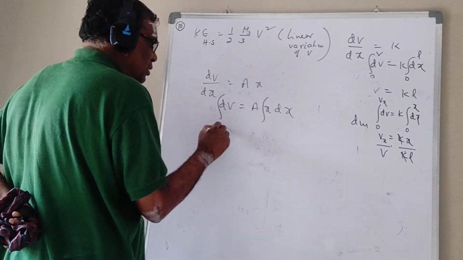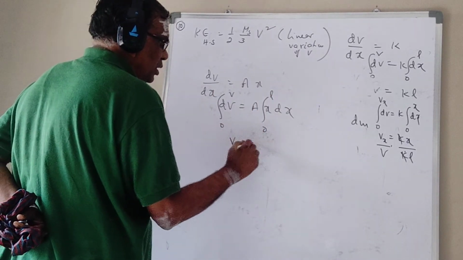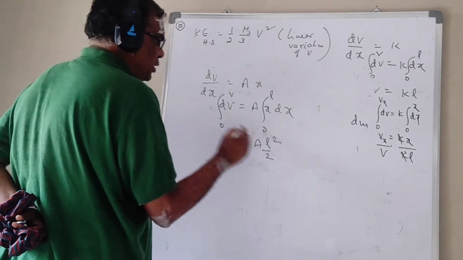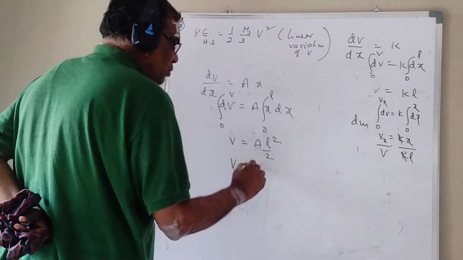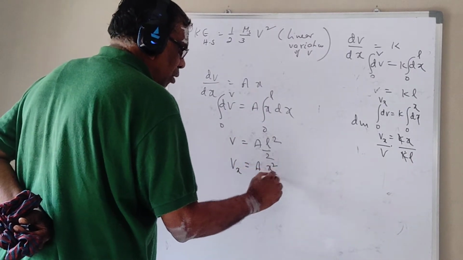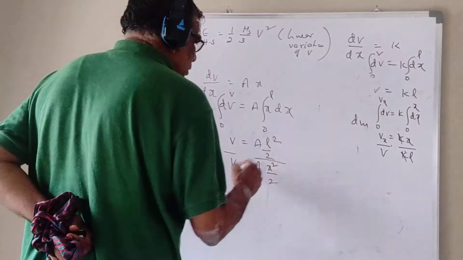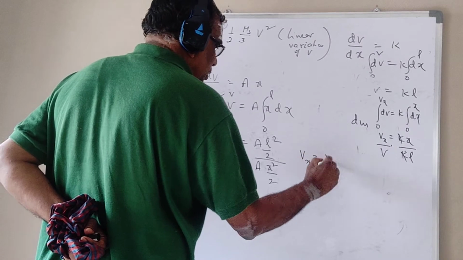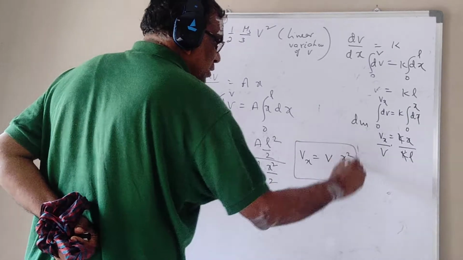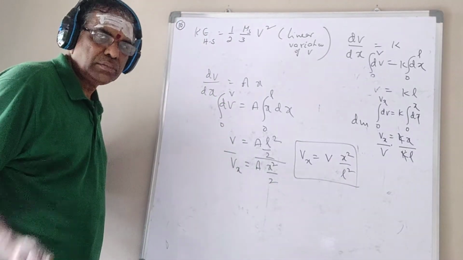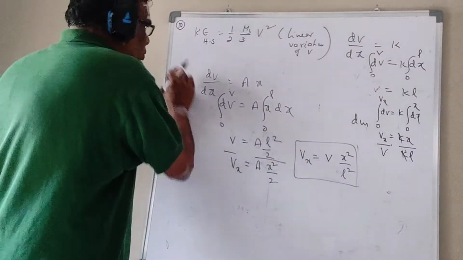Now the same thing, 0 to v, 0 to L. So you have V is equal to AL squared by 2. If I substitute 0 to Vx, now you get here A into x squared by 2. Now you divide so that you get Vx is equal to V into x squared by L squared. This is possible. We do not know. In case of that, I think then what will happen?